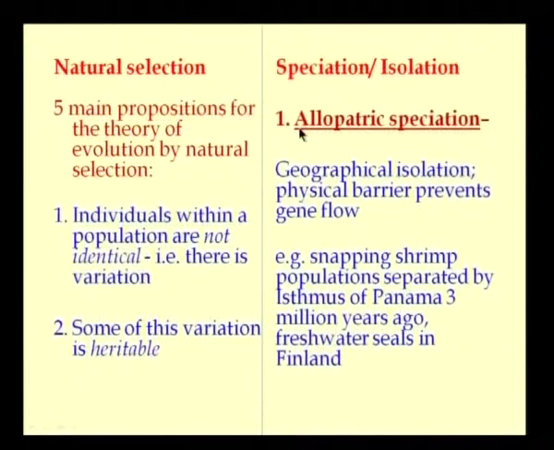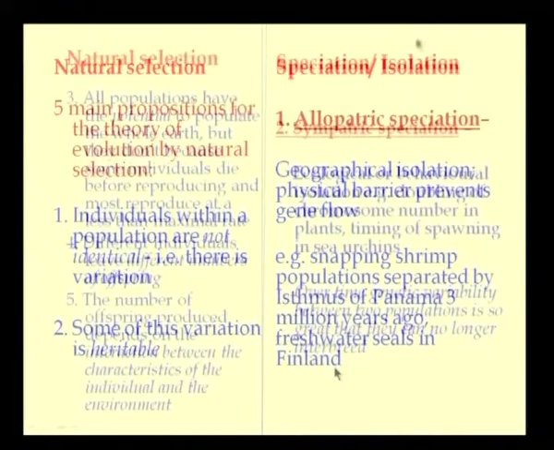So, now we go back to speciation isolation. Now, you have two. Number 1 is allopatric speciation, that is geographical isolation or physical barriers actually prevent the gene flow in this case. For example, snapping shrimp populations separated by the Isthmus of Panama 3 million years ago, freshwater seals in Finland.